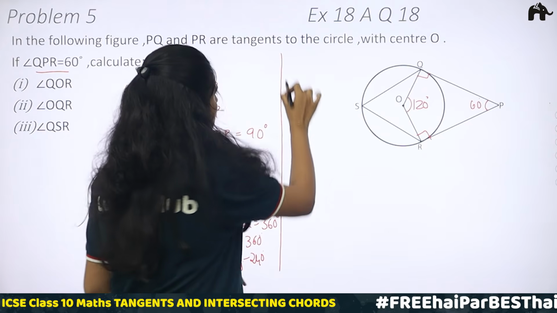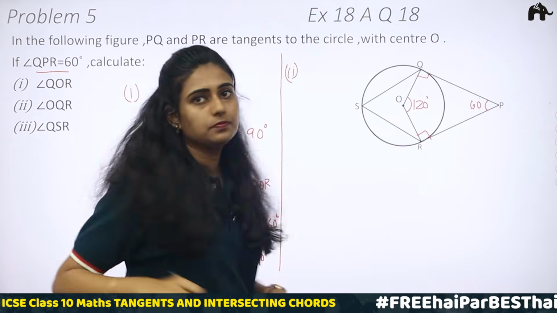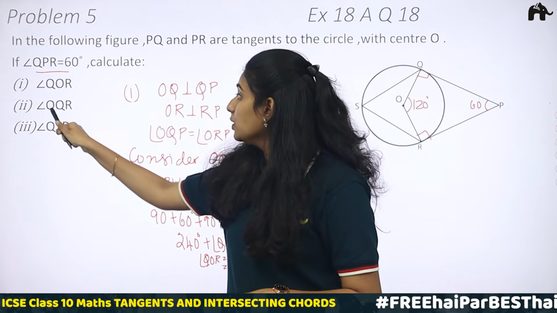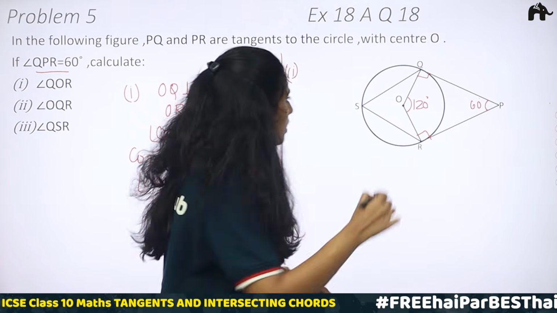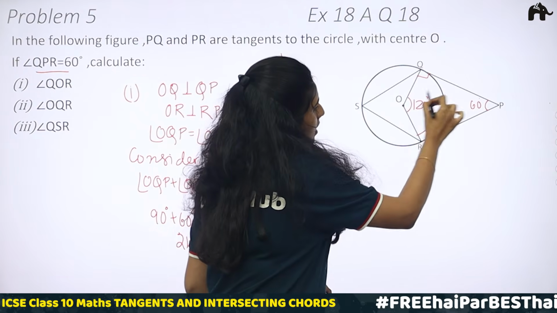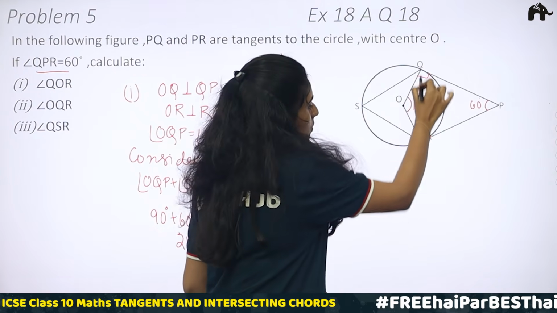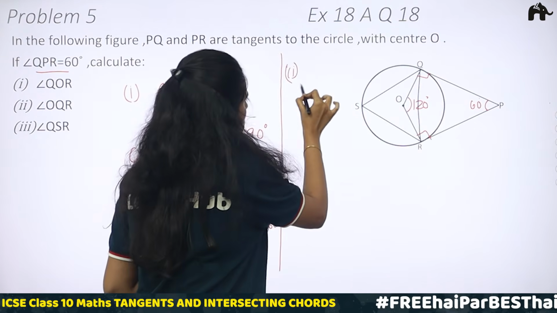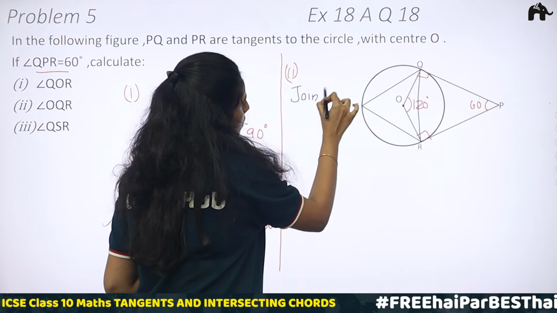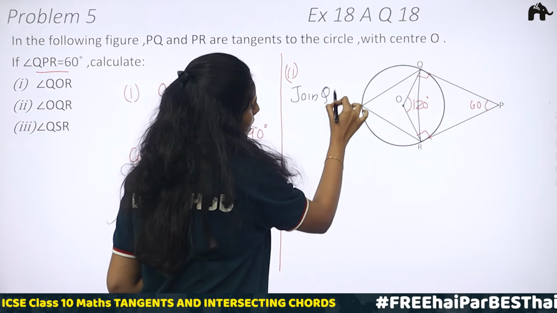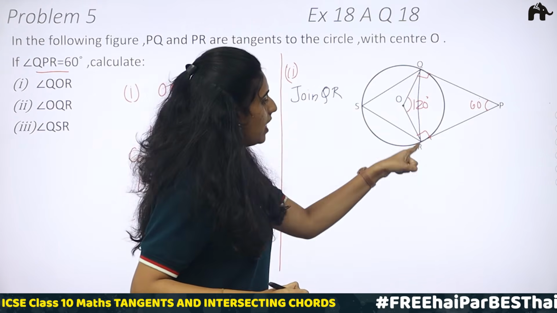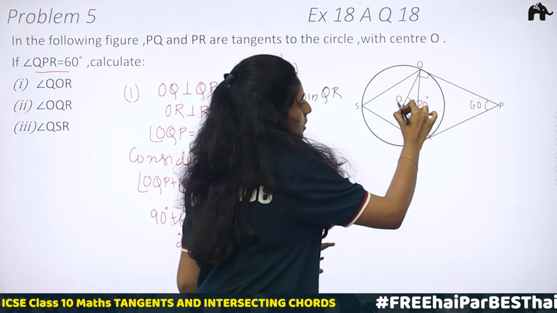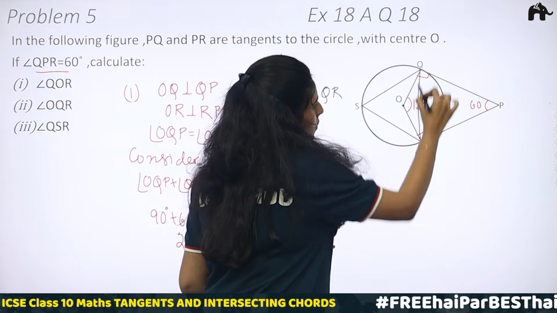Now for the second part, we have to find angle OQR. To get OQR, I am drawing a line. Okay, that is, join QR. Points Q and R when joined, only then we will be able to get angle OQR.